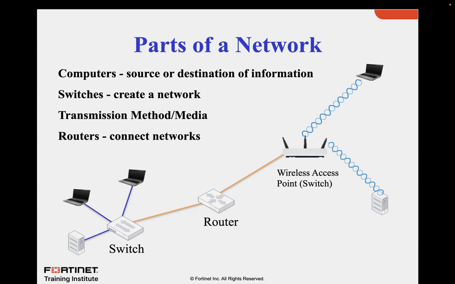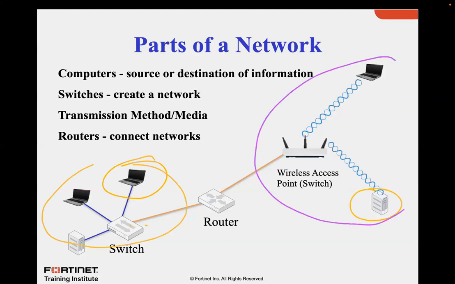So here's a computer, and maybe it's talking to this computer over here. Then you have a device called a switch that creates a network. So all these computers are on the same network because they're attached to the same switch. Over here is a different network with different computers attached to a wireless access point, which is a wireless switch.